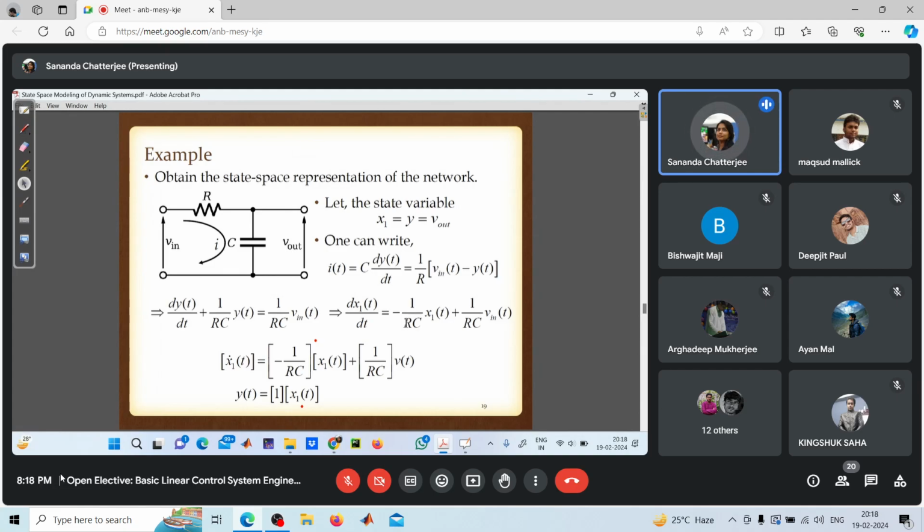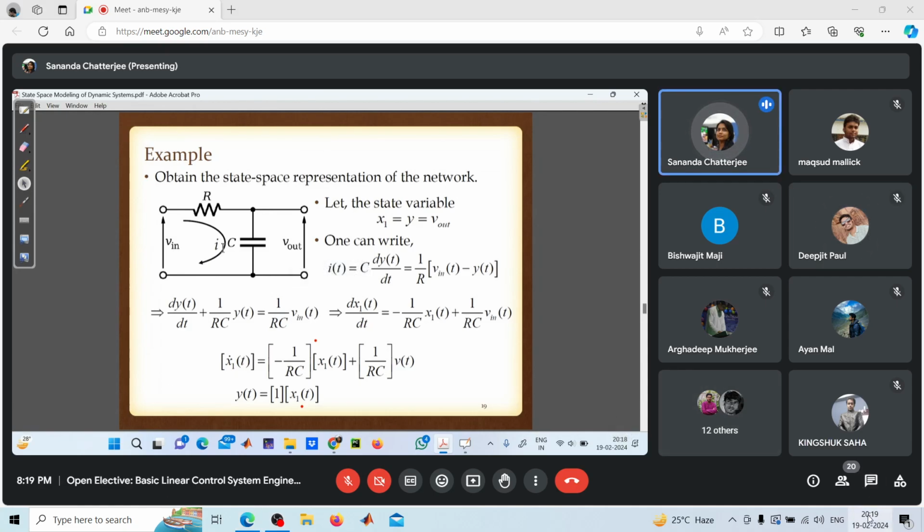Now, one state space model could be that you directly choose the state. How many energy storing elements are involved in this system? Among the components R and C, which can store energy? The capacitor. Only the capacitor.